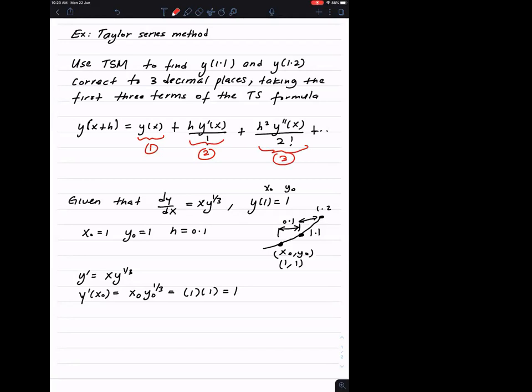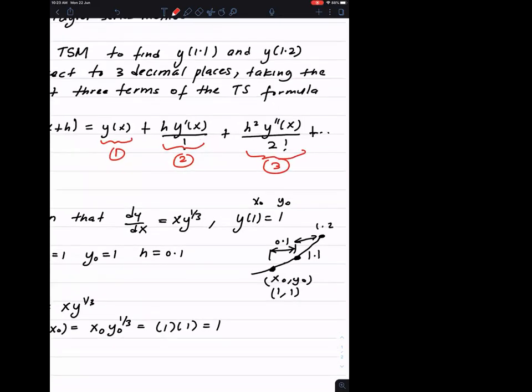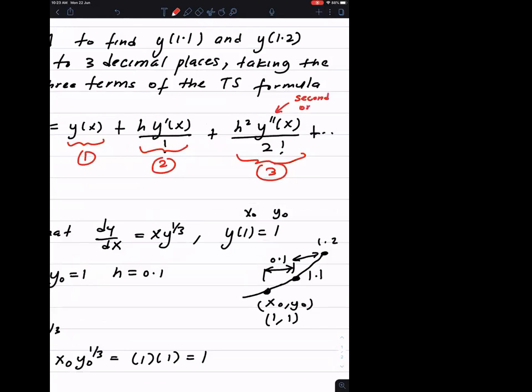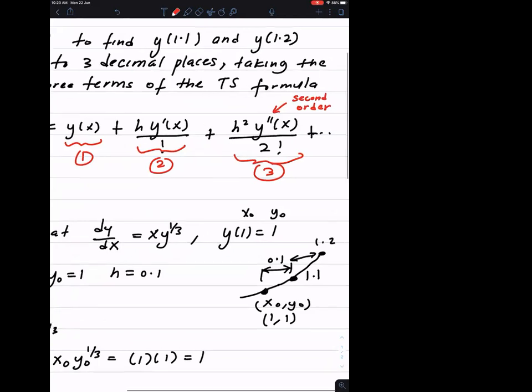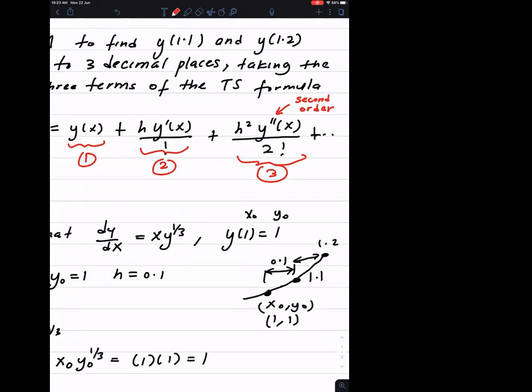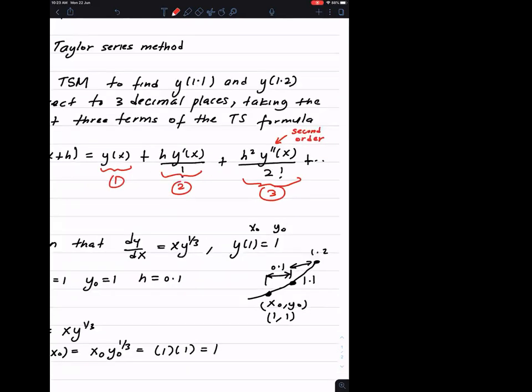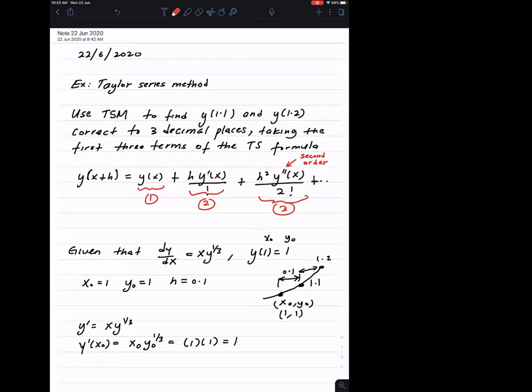The third term happens to be the second order. By taking three terms, you're solving for the second order Taylor polynomial.